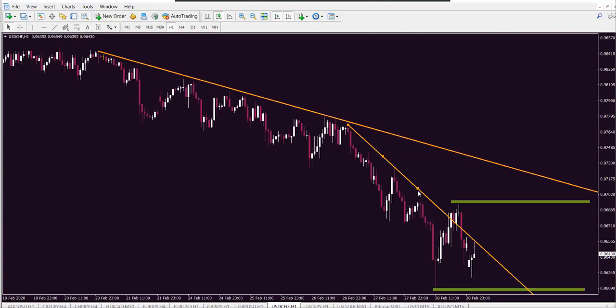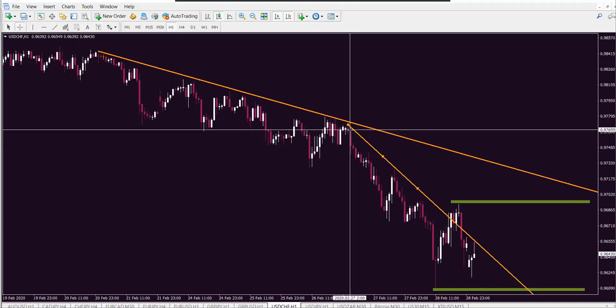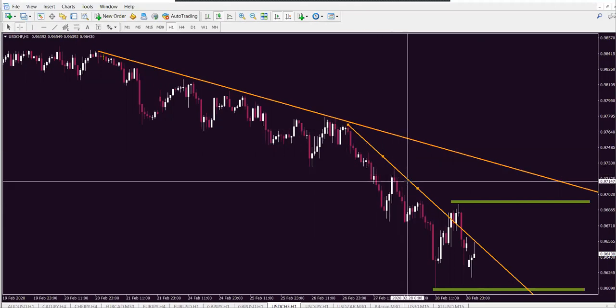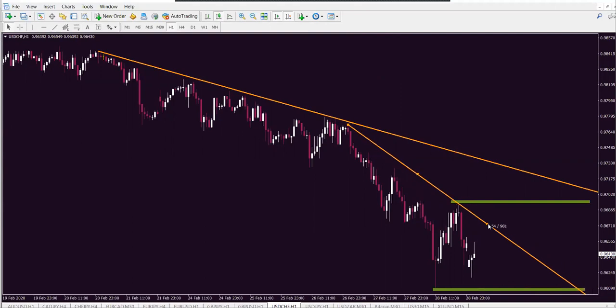As you can see, this trend line is drawn based on these 2 points right here. Right, guys? I know you're wondering why I used this one, but for this point to be valid, price would have to make a lower low than the previous low.